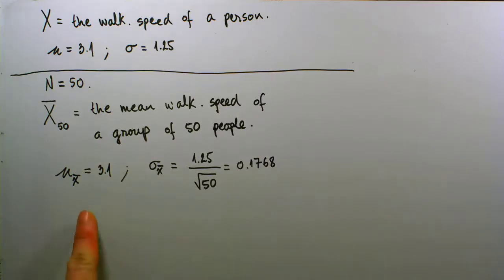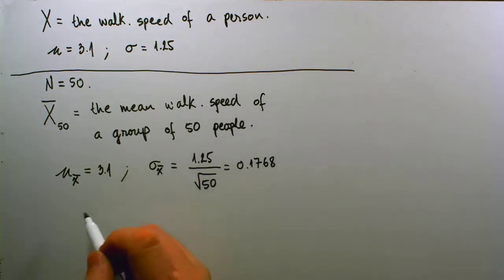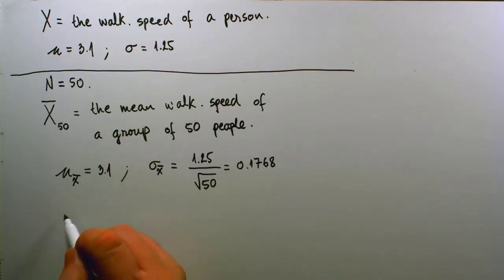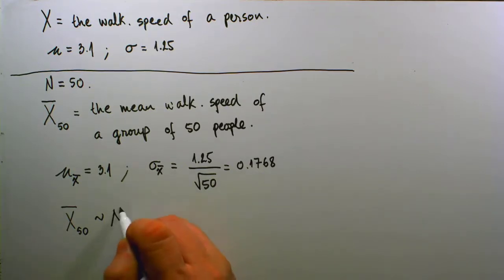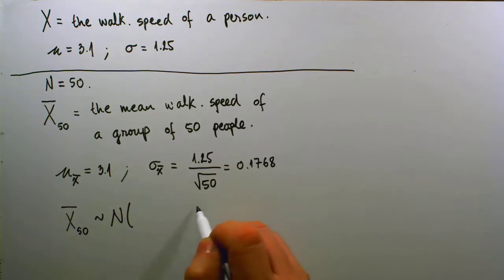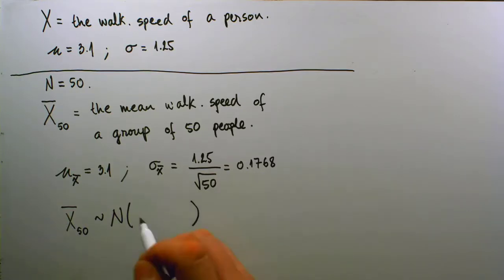So we have already found the answers to the two key steps here. However, now when it comes to the distribution shape, we are heading into finding out whether our distribution of sample means would be on the normal distribution, on a bell curve, with the center 3.1 as previously found and the standard deviation 0.1768.